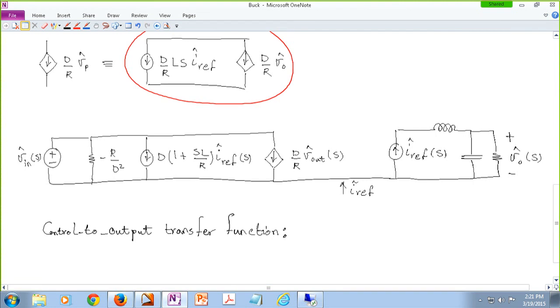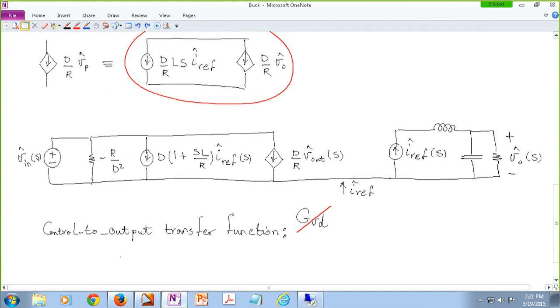So if you remember, when you were looking at voltage mode control, this transfer function was shown by GVD. D was our control signal, because in voltage mode control, D is actually the control input. But here, D is not actually in our model at all, so I'm just going to call it C as control.